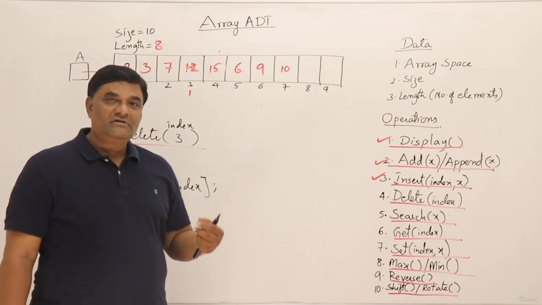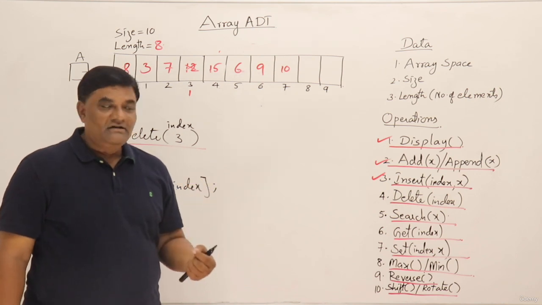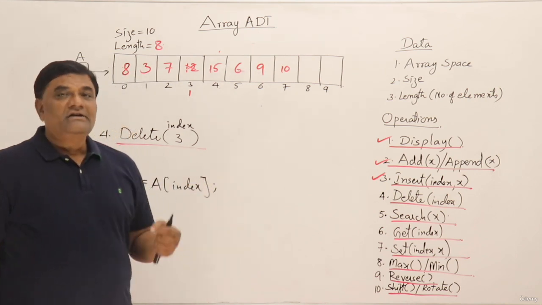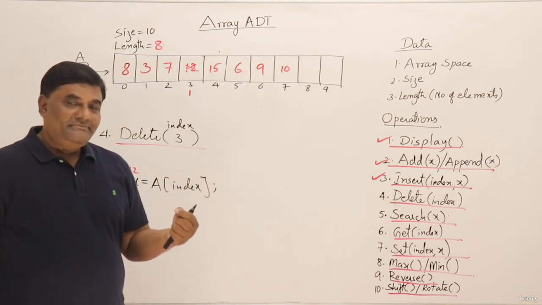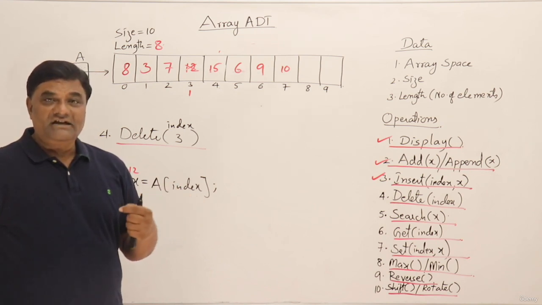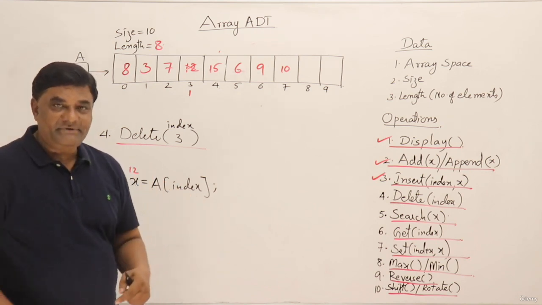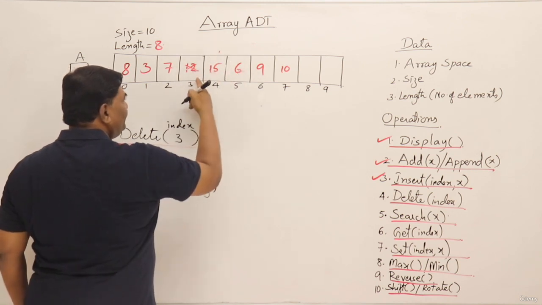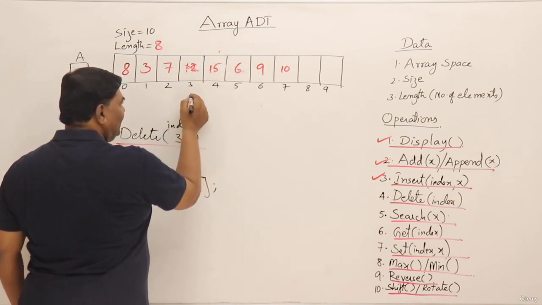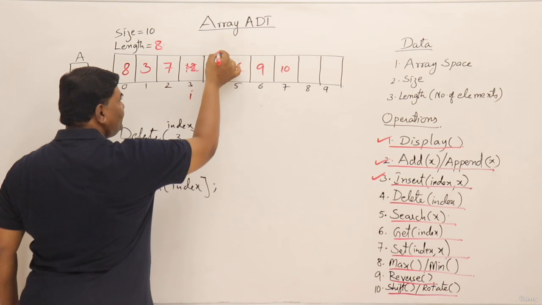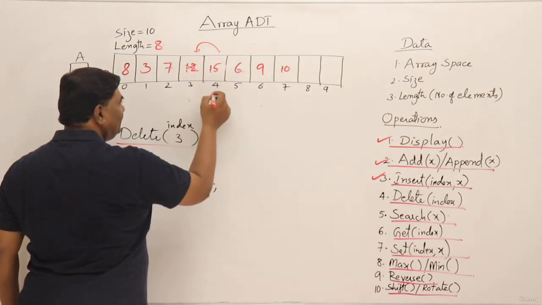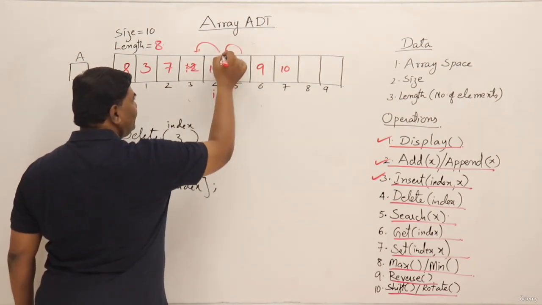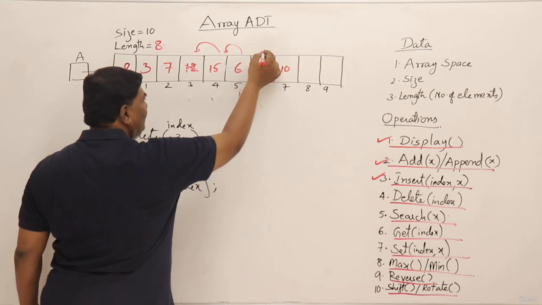So instead of keeping that space blank, we will shift all the elements. Whenever we delete an element from an array, we have to shift the elements to occupy that blank space. So what I have to do is shift the elements from here. Being here, let us take i, which will shift the element, then move i and shift the element, then move i and shift the element.